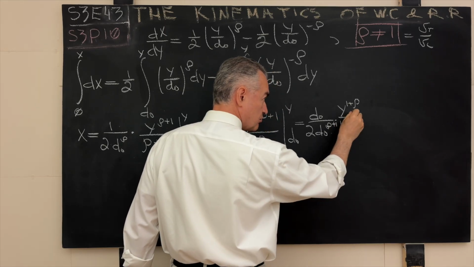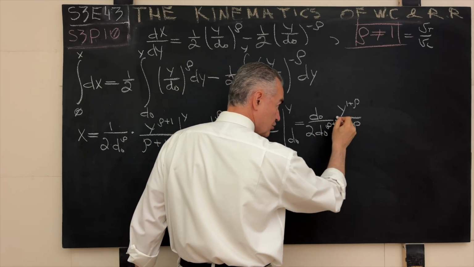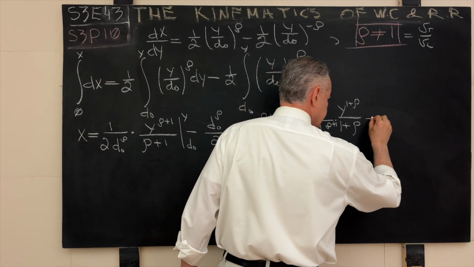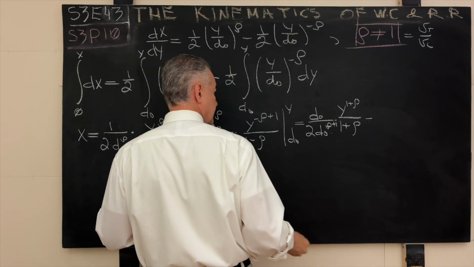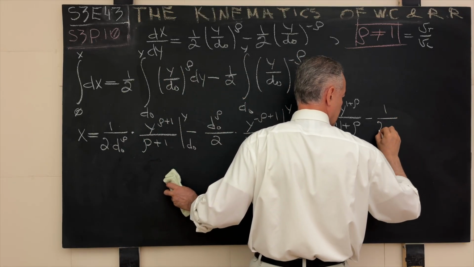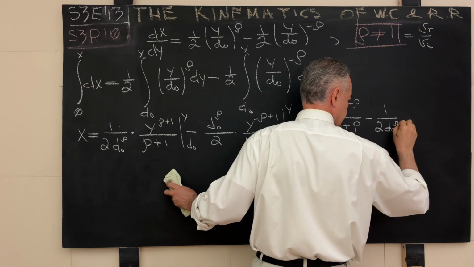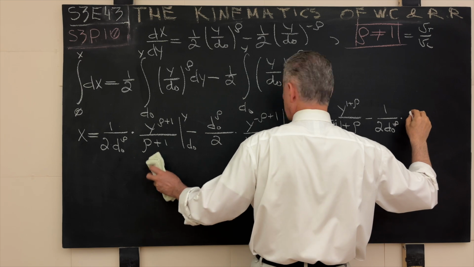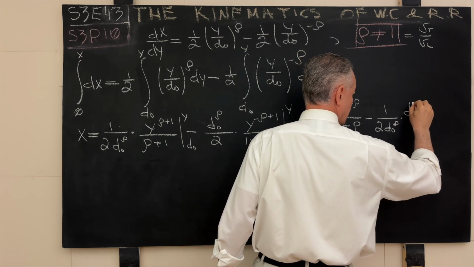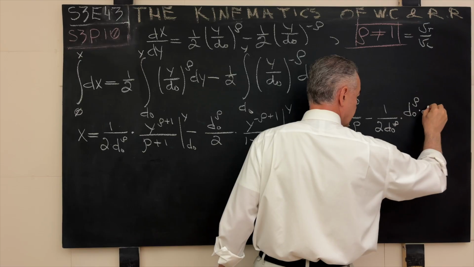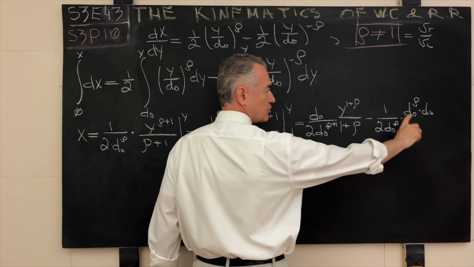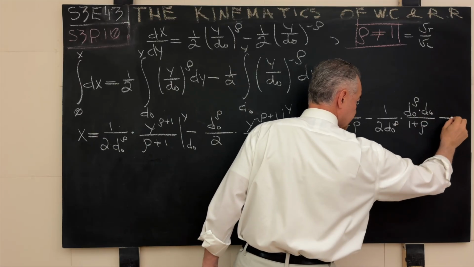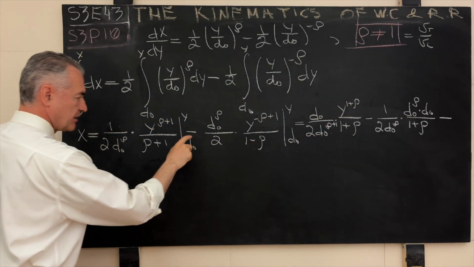See, this rho plus 1, rho plus 1. So we can merge this, guys, into one. Wonderful. Minus, let's do the constant term at d0. So we have 1 over 2 d0 raised to the power of rho times d0 raised to the power of rho times d0. We'll write it suggestively like so, rho plus 1 divided by 1 plus rho.